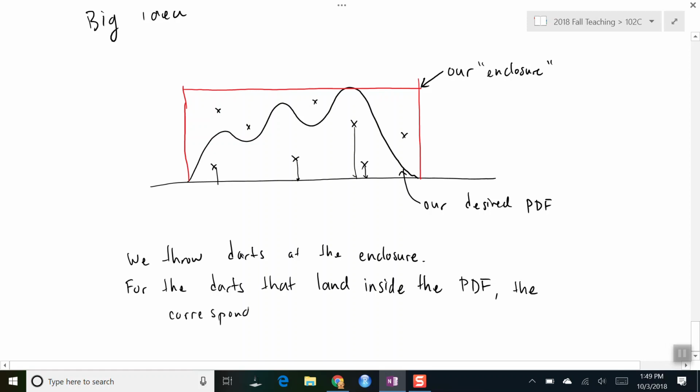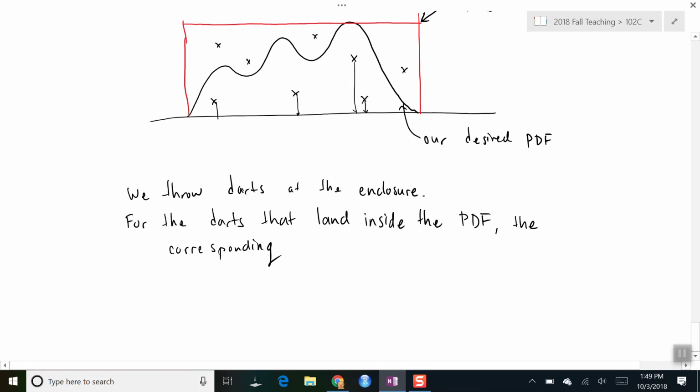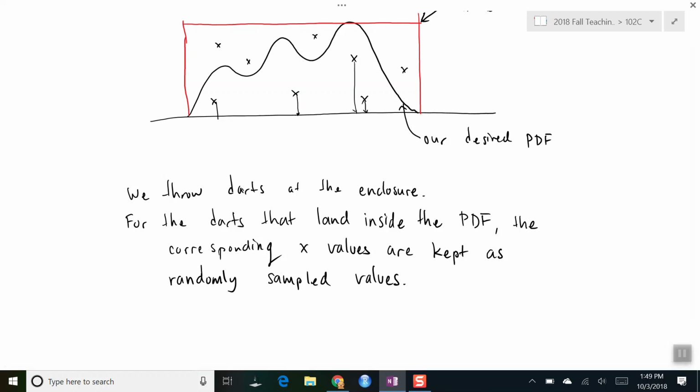So for the darts that land inside the PDF region, the corresponding X values are kept as randomly sampled values.